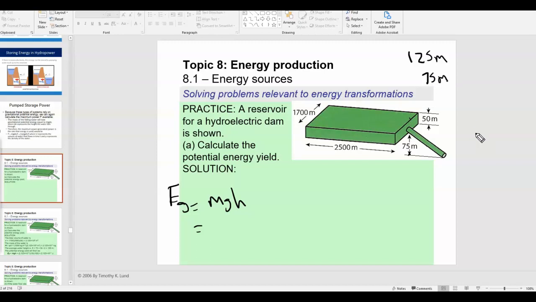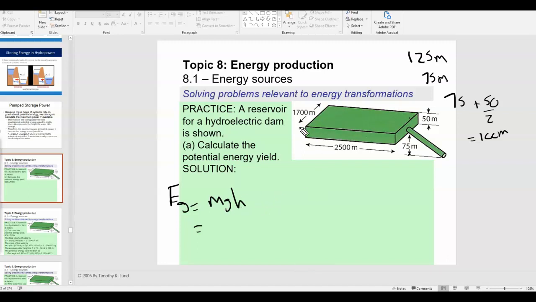And neither of those heights are what we should be using. We should actually be using the midpoint of the height of the reservoir itself, because if we use the midpoint, then half of the water is below that height and half is above that height. So what we actually want to do is 75 plus 50 over 2, which is 100 meters. That's the height we're going to use later on in the problem, so keep that in mind.